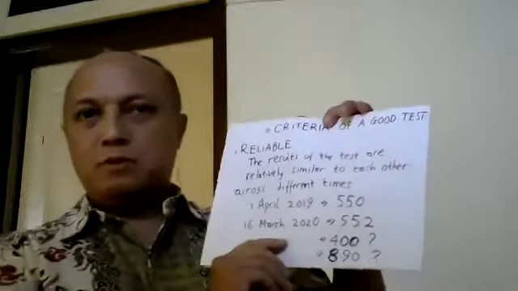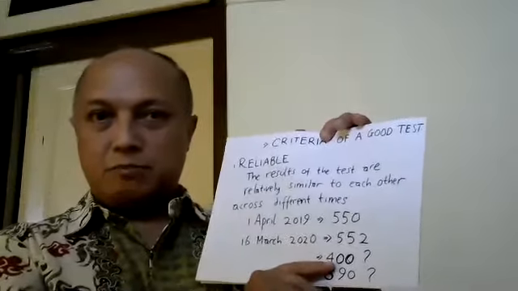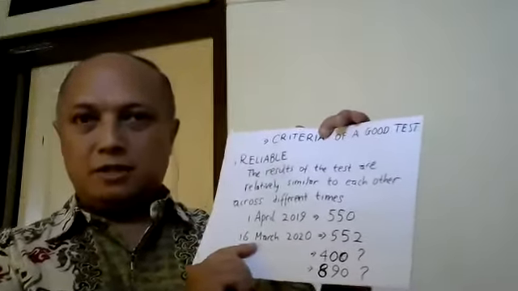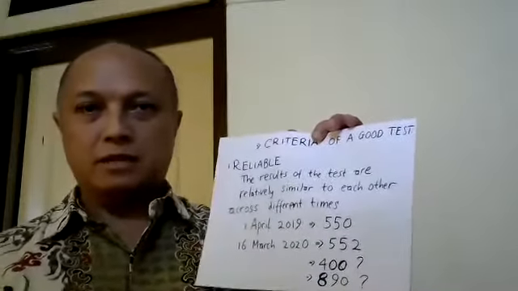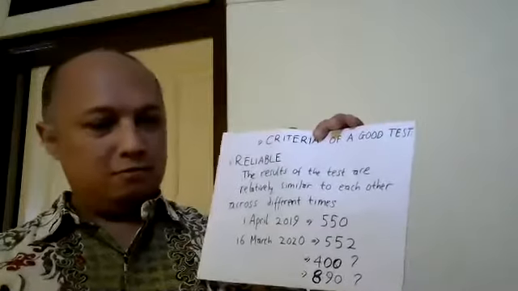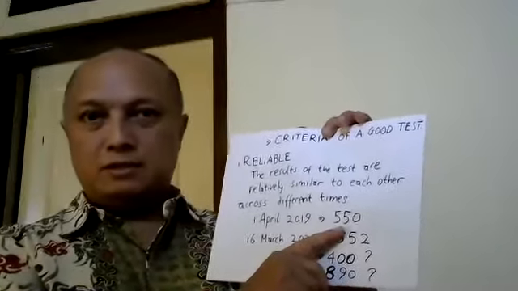So for example, if the same student scores 400 in the second administration on 16 March 2020, then we have reason to suspect that it is not reliable because the score is so much different from the previous one.